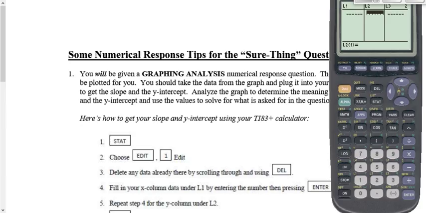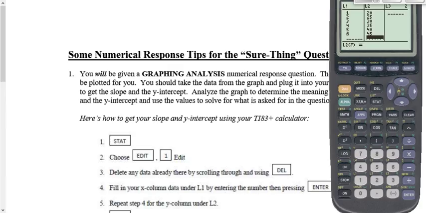Let's enter our data. Our data points were 1, 2, 3, 4, 5, 6. That's my x-axis, and my y-axis was 20, 25, 30, 35, 40, and 45. Everybody enter that data, please.